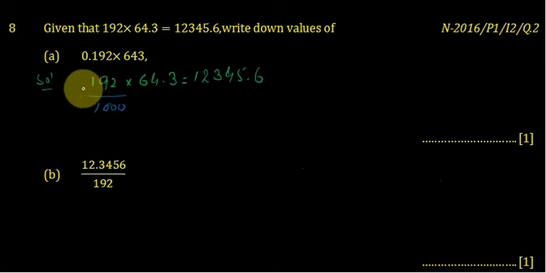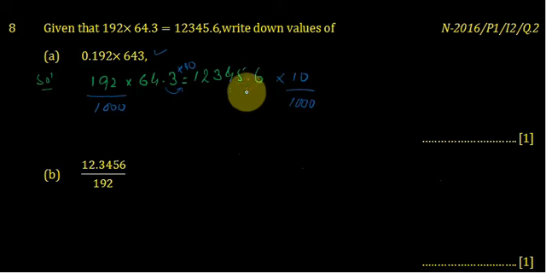So it becomes 0.192. Similarly, for 64.3, we have to move this point to the right, so we must multiply by 10, so that it becomes 643, which we require. Now, what operation have we performed here? We multiplied the expression by 10 and divided by 1000.